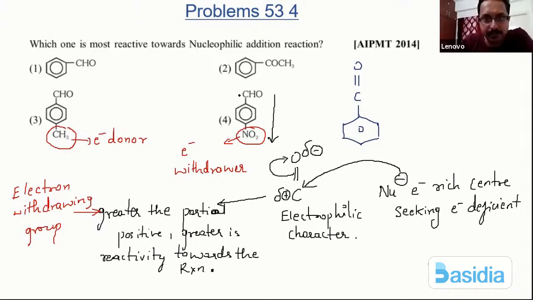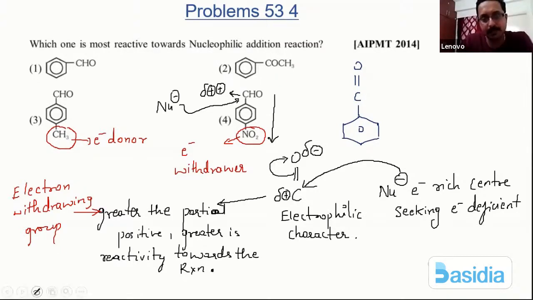That means this particular carbon becomes more and more partially positive, so that the nucleophile can attack this particular carbon much more easily.